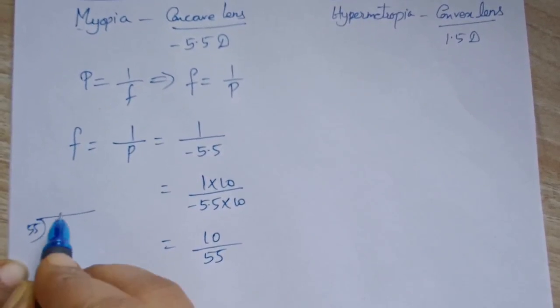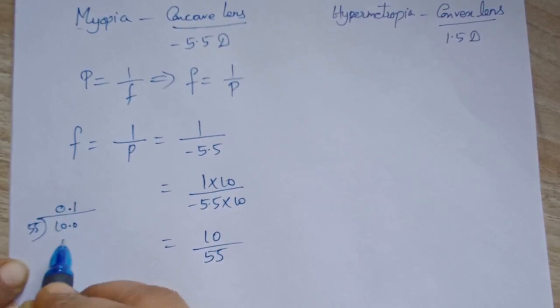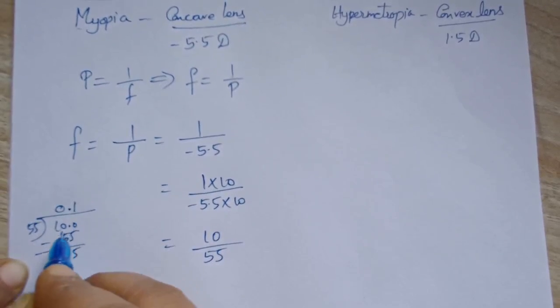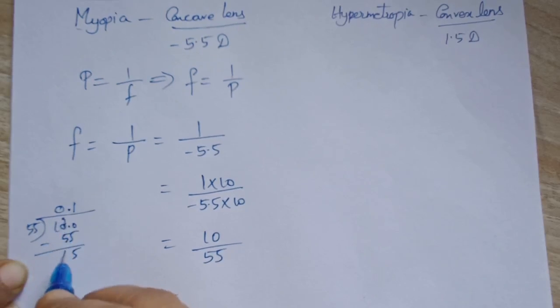Dividing 10 by 55: 0 times 0 becomes 100. 100 means 1 time 55, and the balance is 45.